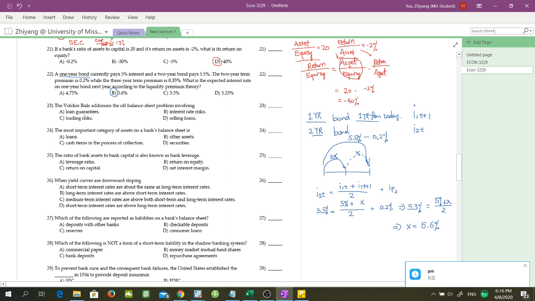It asked hedge funds to register, all those kinds of things. So in general, we're talking about trading risks, not other things. That's why I'm picking C.